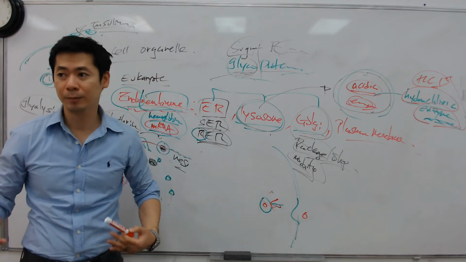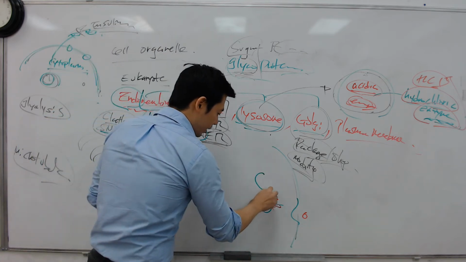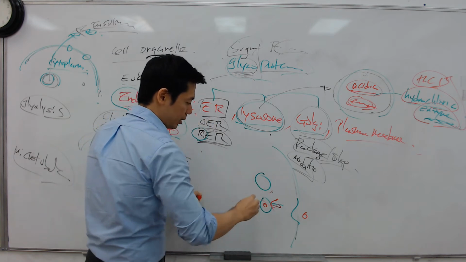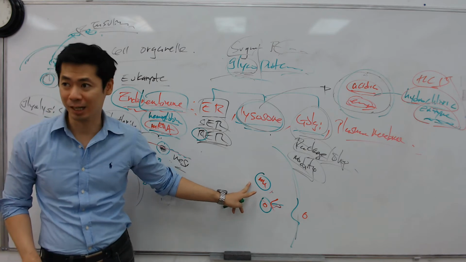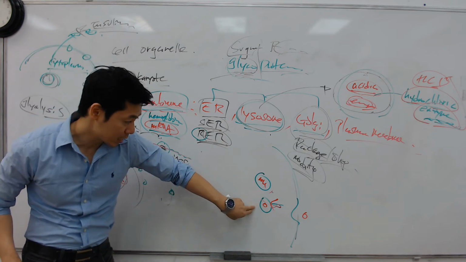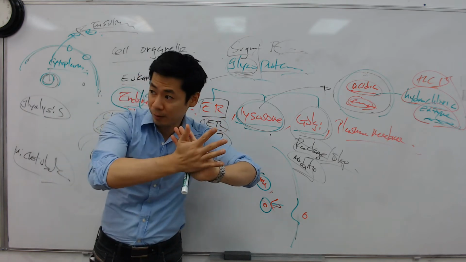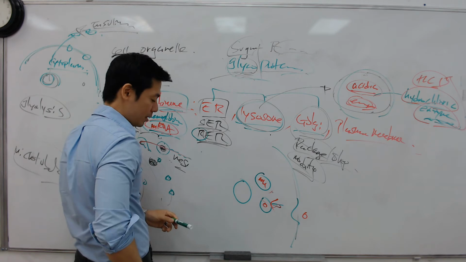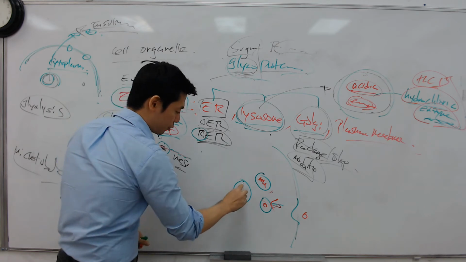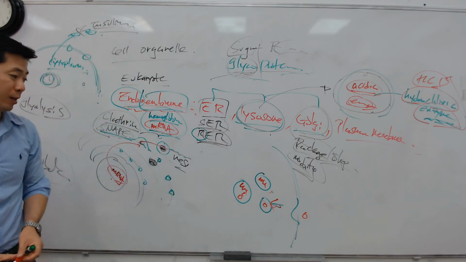What happens, guys? They have to digest it. So these lysosomes with hydrochloric enzyme and the vesicle are going to fuse together and turn into one vesicle. The enzyme will start to digest whatever came into the cell.